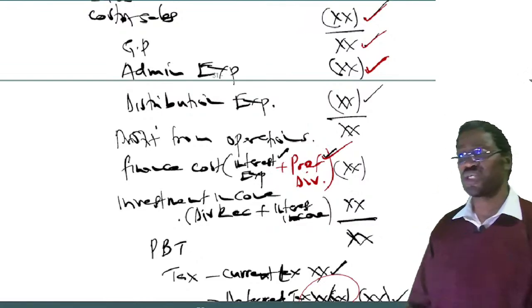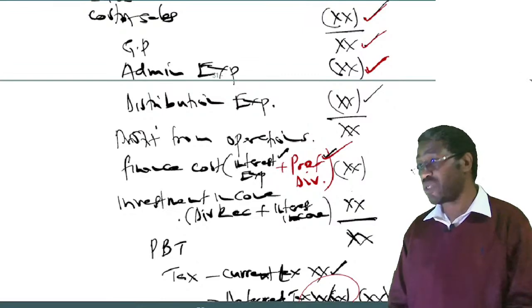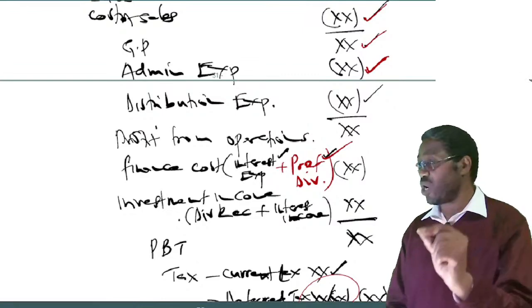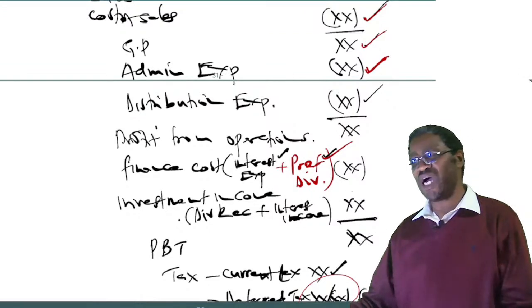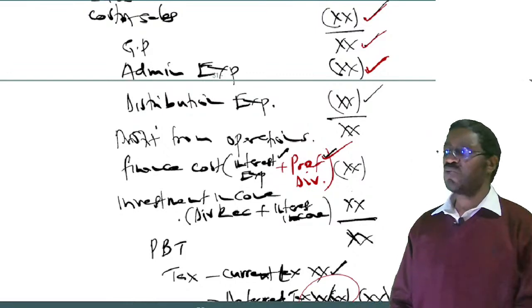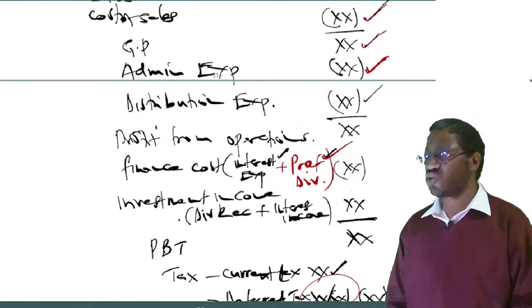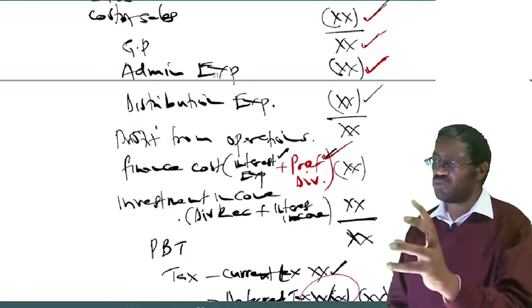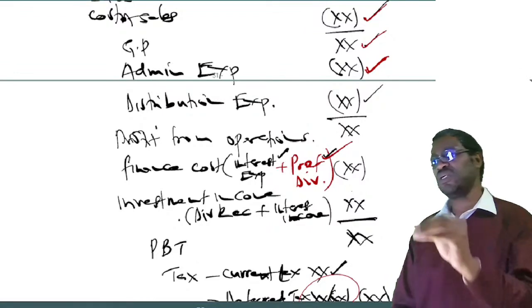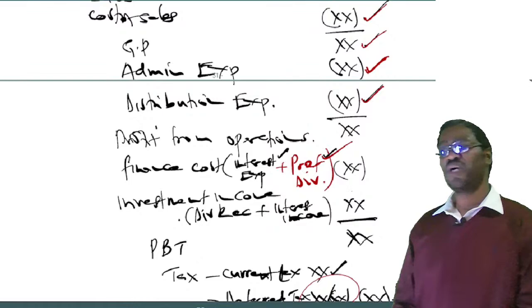Then the other function that may be performed in an organization is what we were calling the selling and distribution function. In that case, we again said all the expenses relating to selling and distribution should be combined somewhere into a single amount, and you bring it as a single amount.